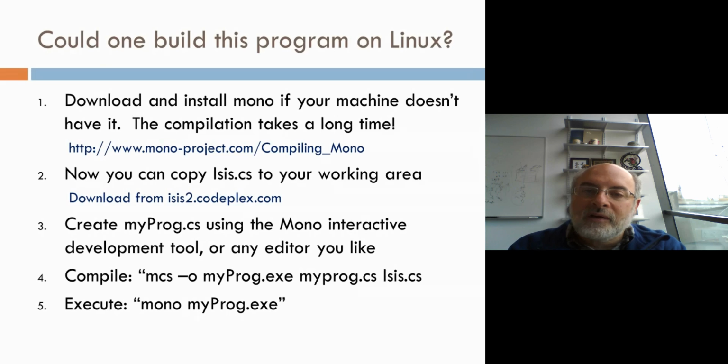Let me tell you quickly how you would do it. You'll have to follow the instructions carefully to pull it off. First of all, you would download and install Mono on your Linux platform unless your sysadmin has already done that. If they haven't, you can download the package by following the instructions on this website for the Mono project. And then you have to compile Mono, which actually involves 3 compilation steps that are each pretty slow.